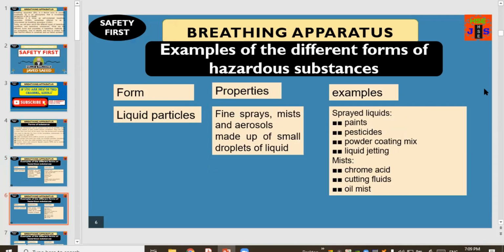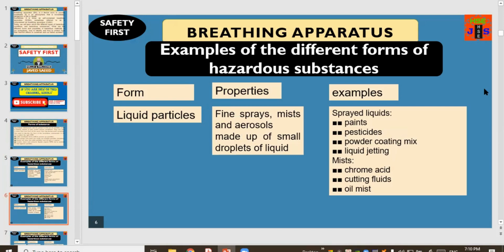Let us look now at the properties of liquid particles and their respective examples. The properties of liquid particles are fine sprays, mists, and aerosols made up of small droplets of liquid.